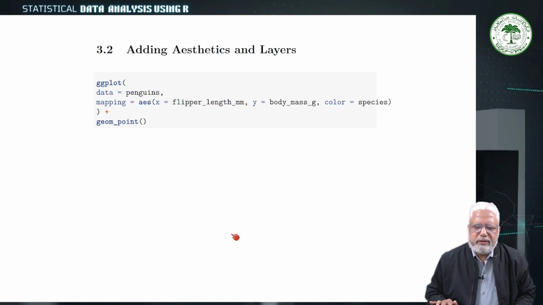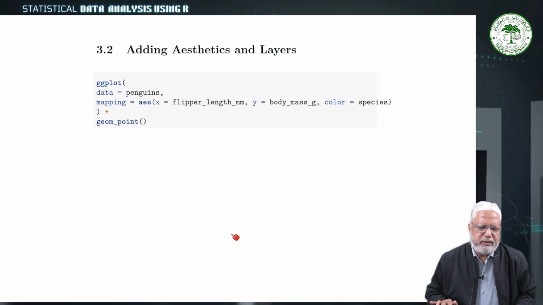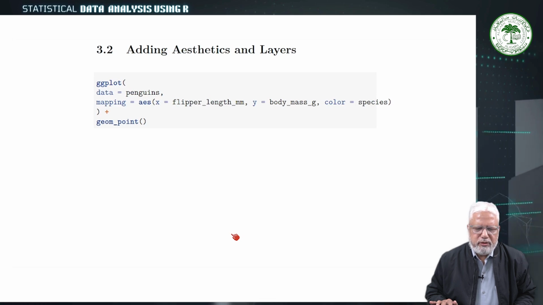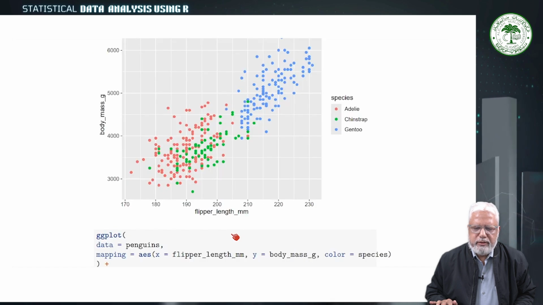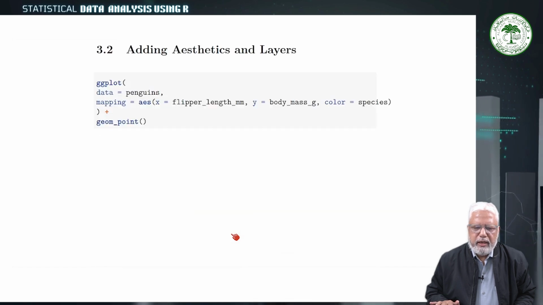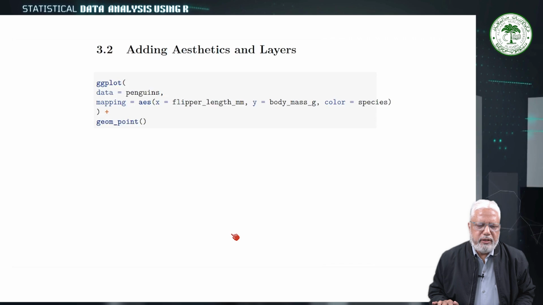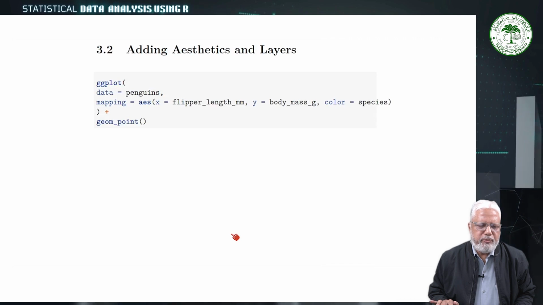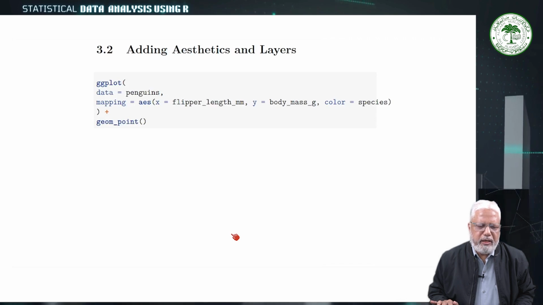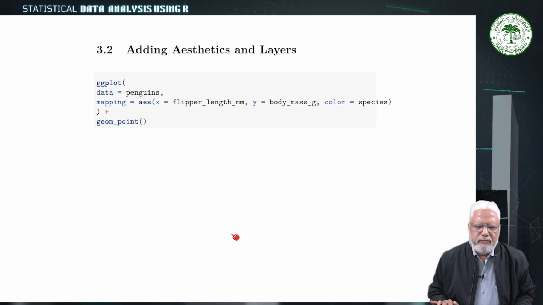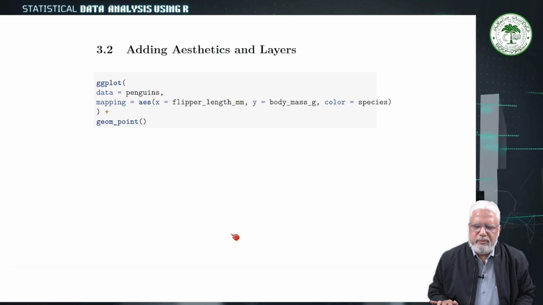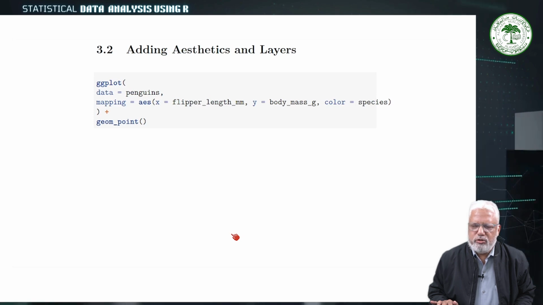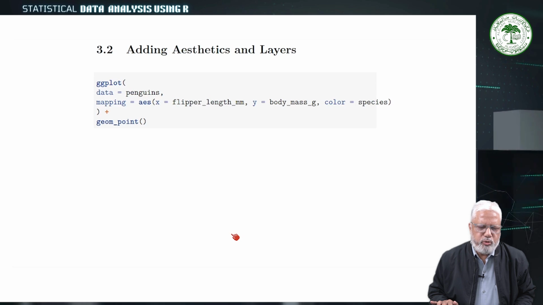Then adding aesthetics and layers. See, ggplot data penguins mapping aes x is equal to flipper length in millimeter, y is equal to body mass, color is equal to species plus geom_point.